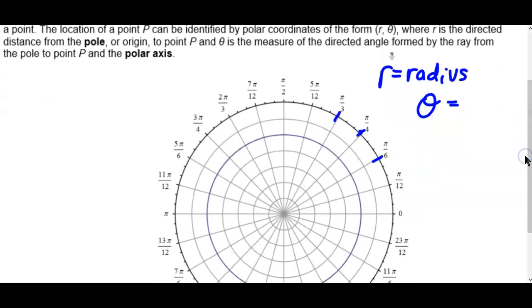Now, this graph paper has circles. See, this is a radius of 1, anywhere on that circle. This one out from here to here is a radius of 2. If we go out to this circle that looks a little darker to me, it would be radius 1, 2, 3, 4, 5. So all the points on this circle have a radius of 5. That's how you're going to count r.